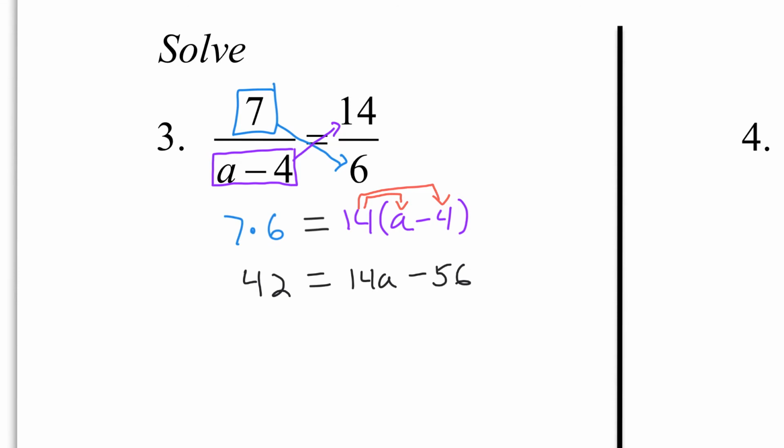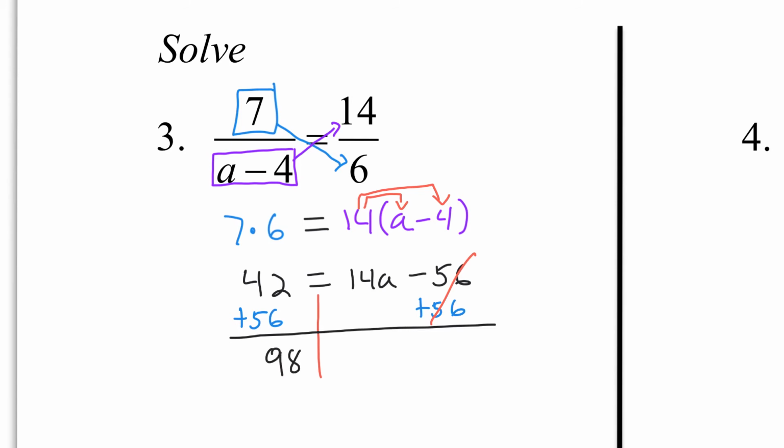So you're ready to solve the equation. You can put the line on the bottom of the equal sign if you want. You don't really have to, but I'm going to do that to show you my steps. So I'm going to add 56 to both sides, which is the constant on the same side as the variable. So we know this cancels. 42 plus 56 is going to be 98.